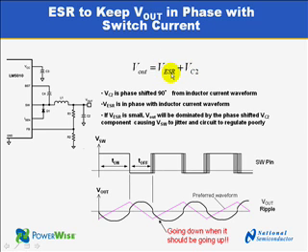The ESR related voltage is in phase with the inductor current waveform. So if this ESR is small, then VOUT would be dominated by the phase shifted capacitance related voltage. This is causing the switching voltage to jitter and the circuit to regulate poorly.